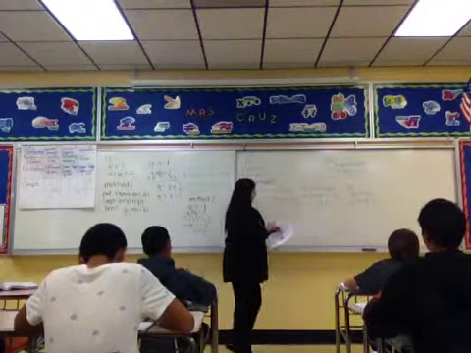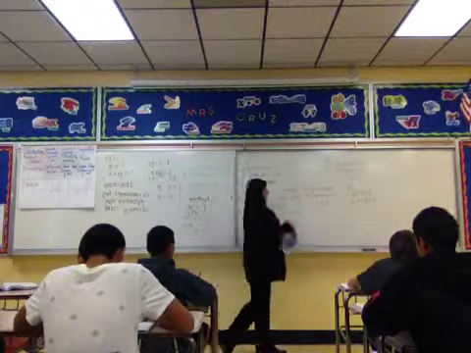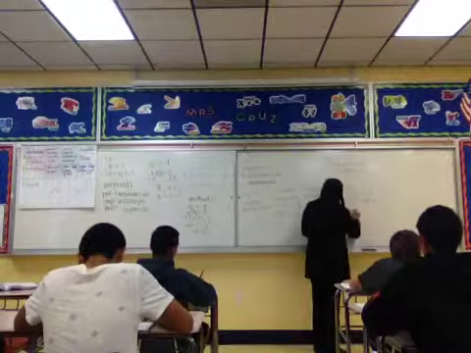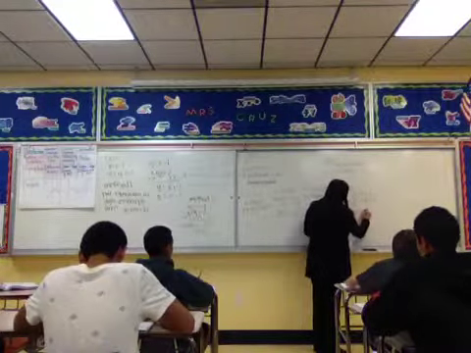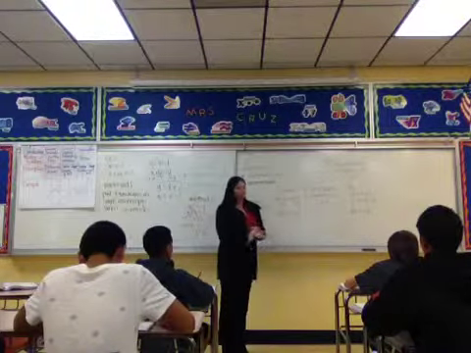In order to get this in slope form, what do we need to do first, for the first one?